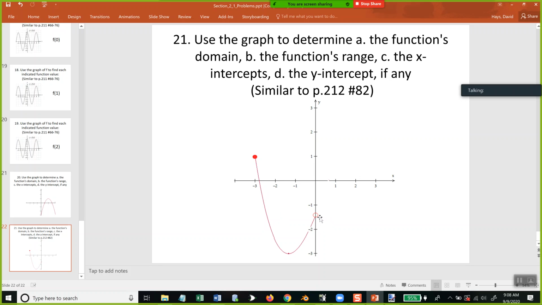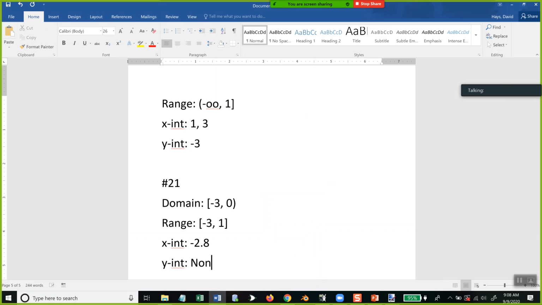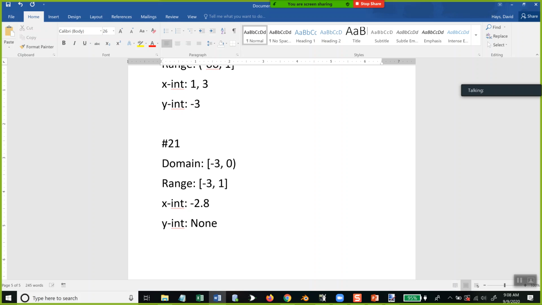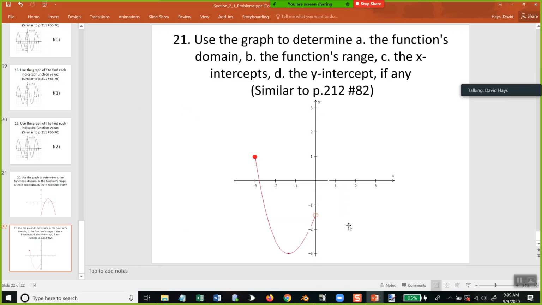You think that, except the open circle means it doesn't include that point. So it gets closer and closer to it, but never touches the y-axis. So there is none. Won't see that. If you saw that, you're probably a math major. You need to change majors.